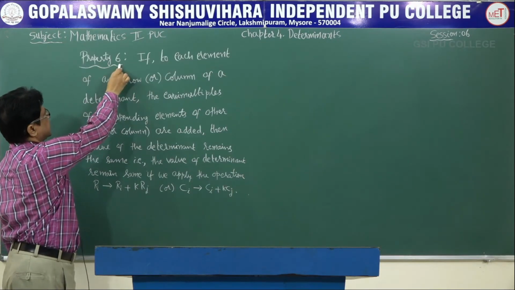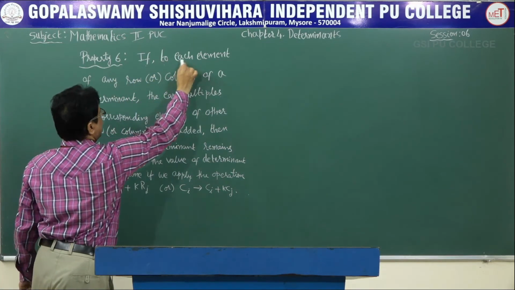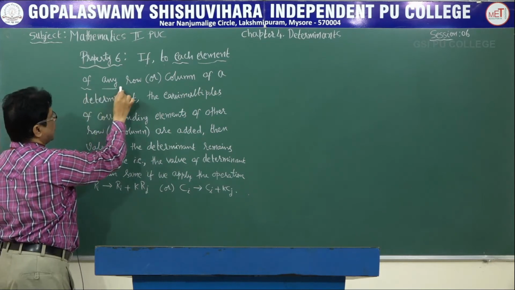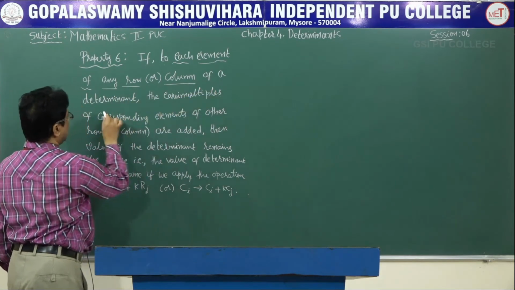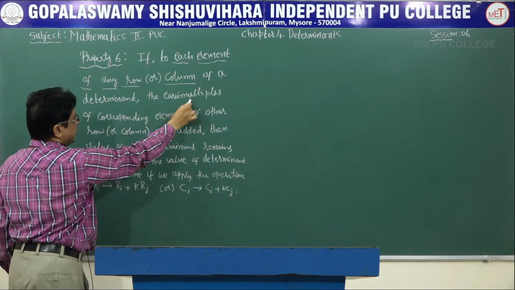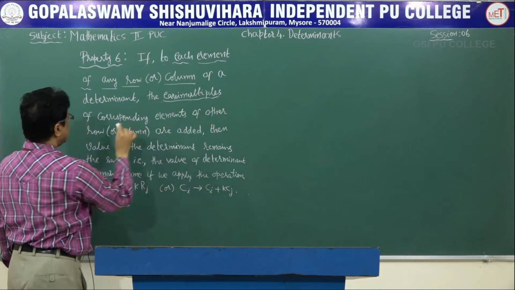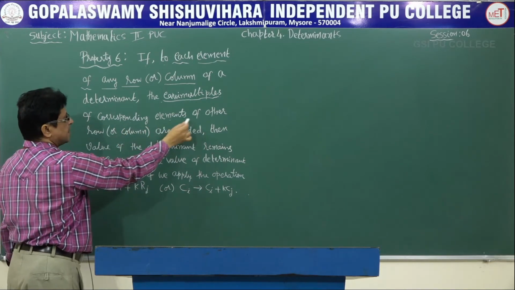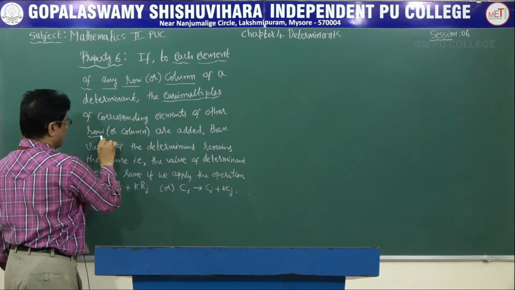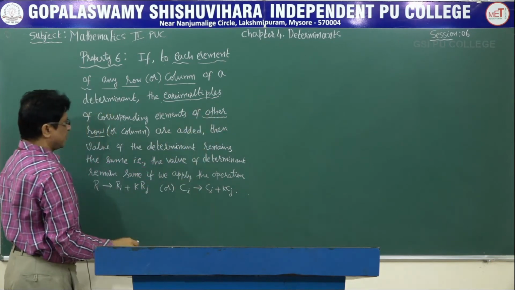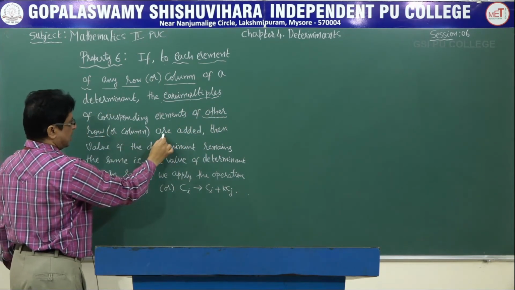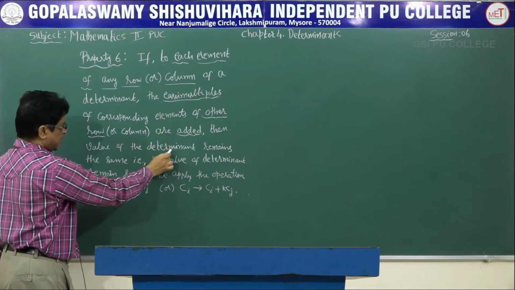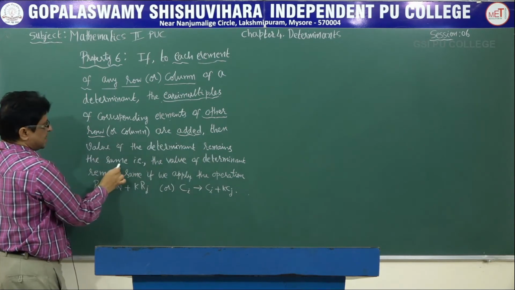Property 6. If each element of any row or column of a determinant is added to the equimultiples of corresponding elements of another row or column, then the value of the determinant remains the same.